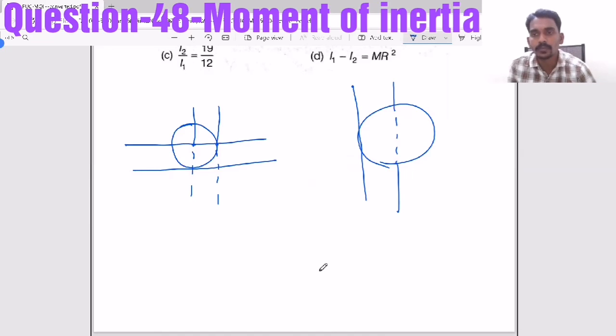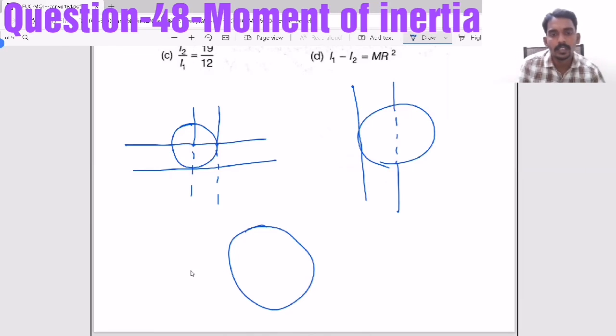So you have to remember the basic formulas, then apply the perpendicular axis theorem or parallel axis theorem.